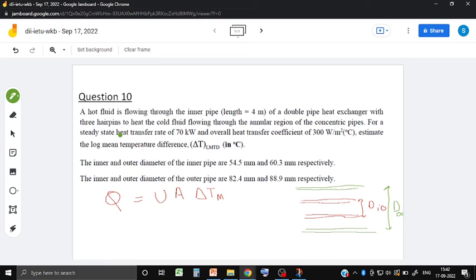On substituting this, we obtained the area as 4.544.